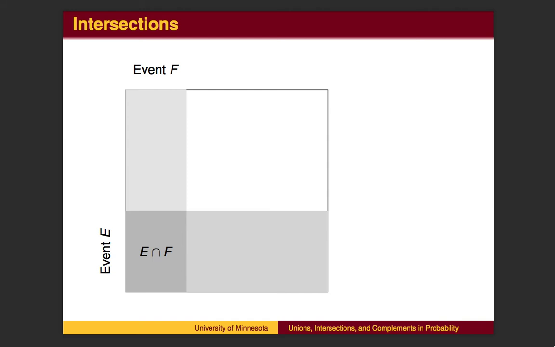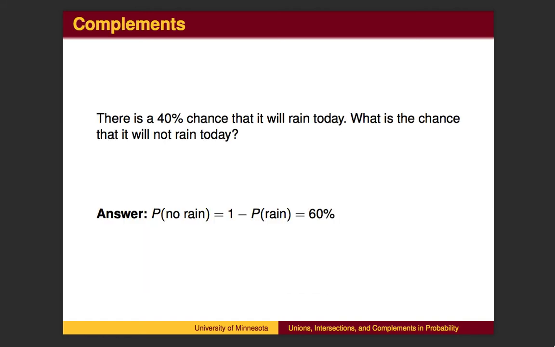Once again, found via the general counting principle by multiplying. This is the same procedure we use to multiply fractions. The last word we need to understand is not. We simply need to find the portion that is excluded. If there's a 40% chance of rain today, the remainder, 60% of the time, it won't rain.